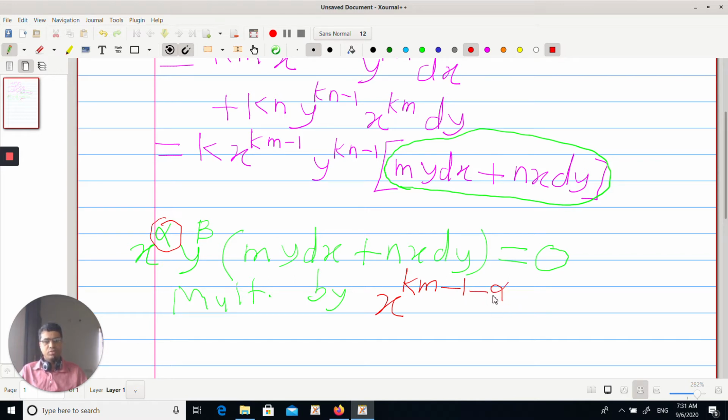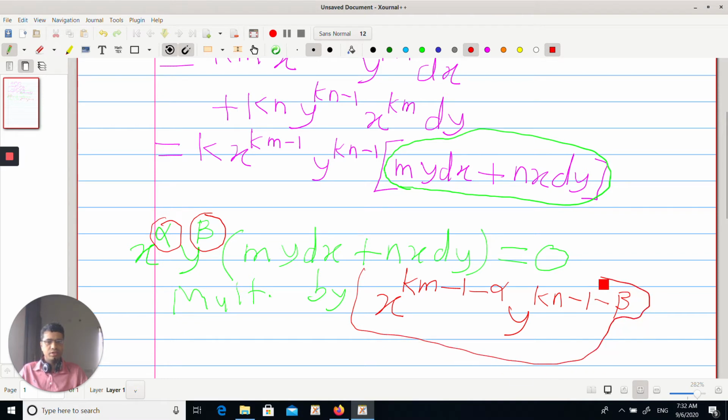Similarly, we write y raised to kn minus 1, and we don't want this beta, so we subtract, minus beta. So our equation will be converted into an exact differential, and this is nothing but the integrating factor. This is our integrating factor.